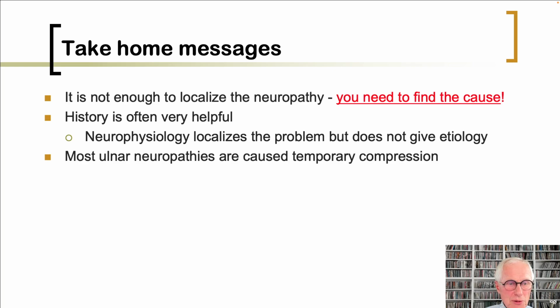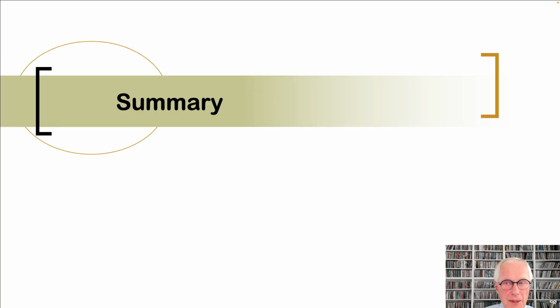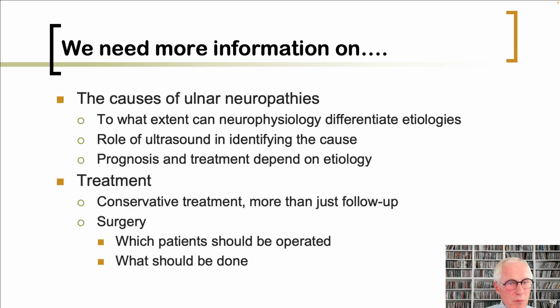So most ulnar neuropathies are like this, caused by temporary compression. So we need more information on the causes of ulnar neuropathies and to what extent neurophysiology and ultrasound can help us differentiate the etiologies. And the prognosis and the treatment also depend on the etiology.